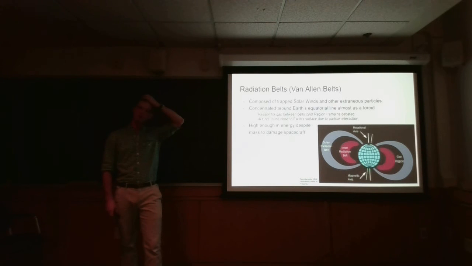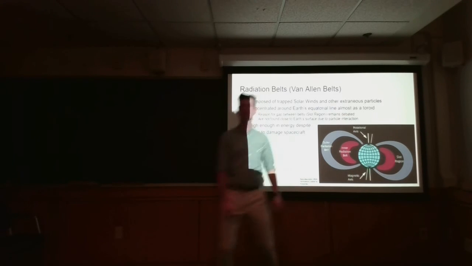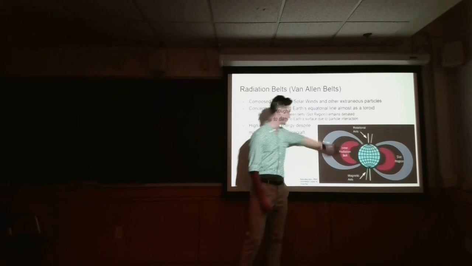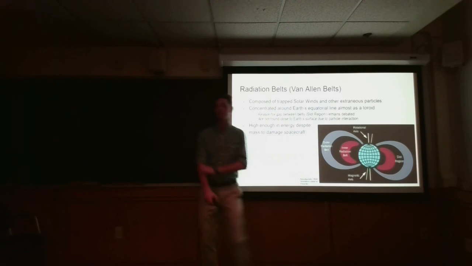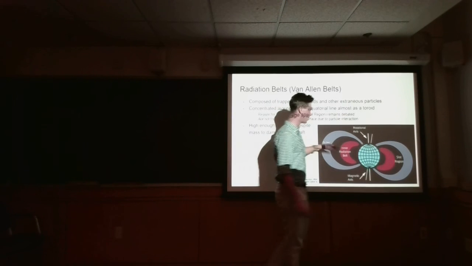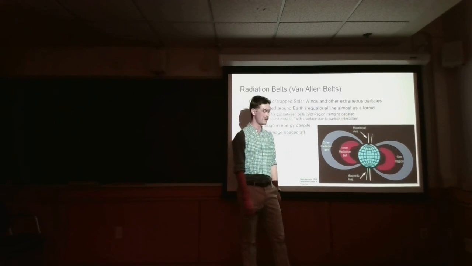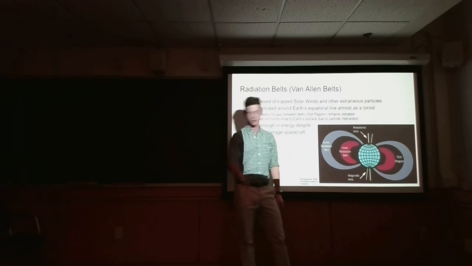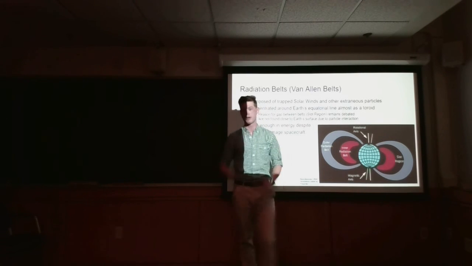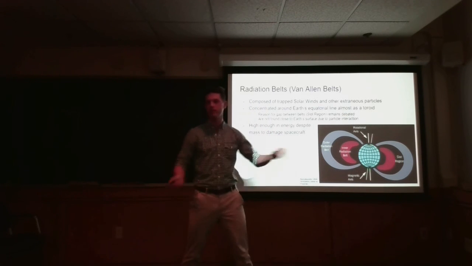If I'm not mistaken, the outer belt is mostly protons, some electrons. But there isn't a whole lot of difference between the two, besides the density of the particles in these regions, the composition, and also the amount of energy that each of these belts contains.